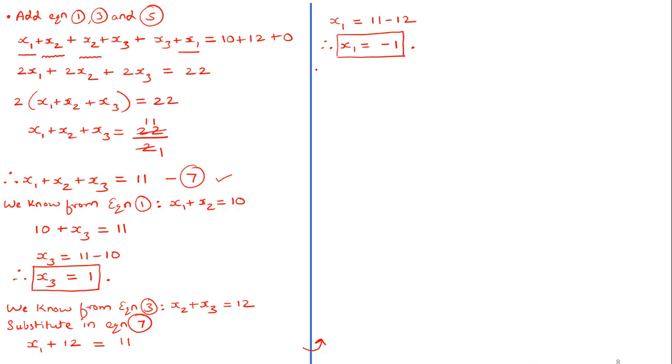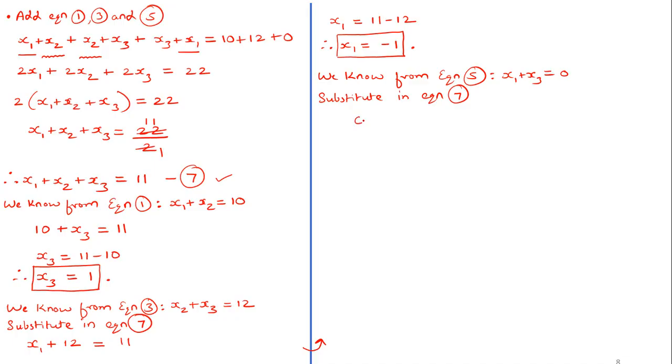Now we know from equation 5 that x1 plus x3 is equal to 0, and we will substitute this in equation 7. Equation 7 is here. So x1 plus x3 is how much?